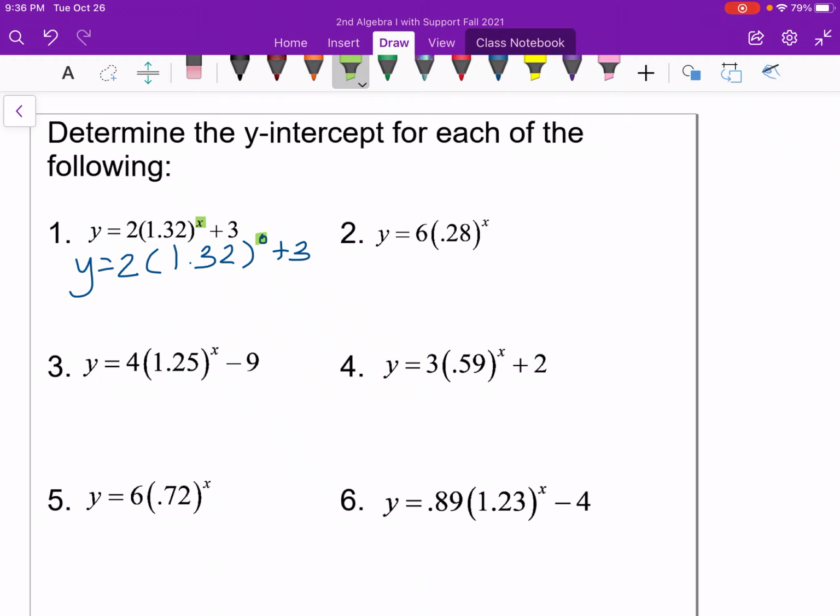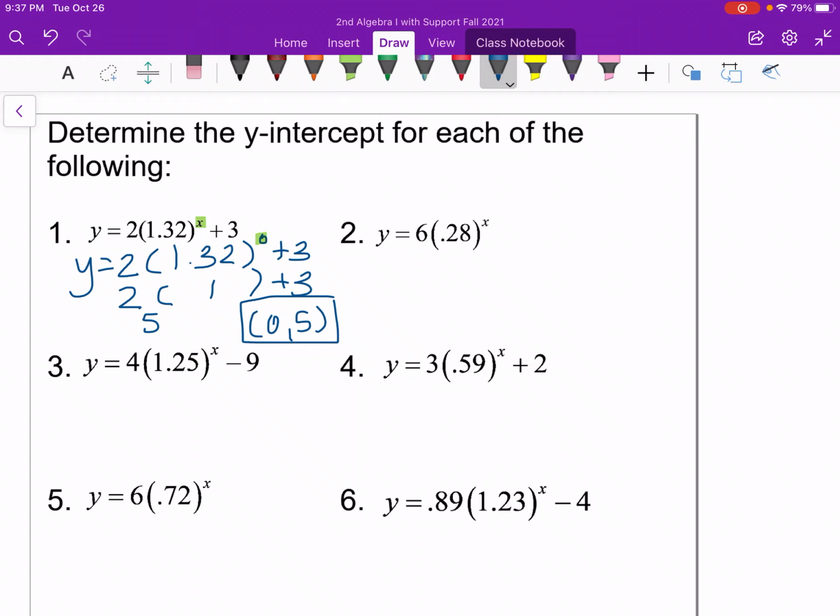Now you can use a calculator for this, but anything to the 0 power is 1. So this is really 2 times 1 plus 3. 2 times 1 is 2, plus 3 is 5. So the y-intercept is 0, 5. You have to write it as a point.